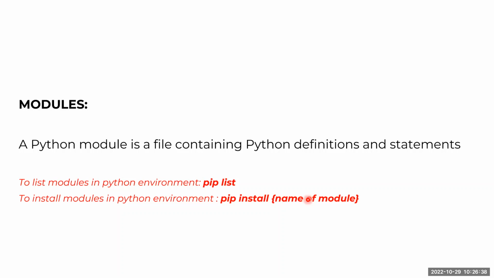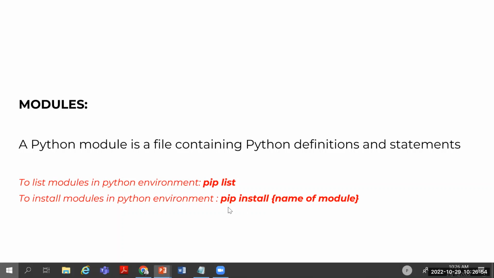Okay, so let's talk about modules. But before going to modules, I want to do a few Python codes on functions, trying to demonstrate some functions before we go ahead with modules. So I'll go back to my VS Code.